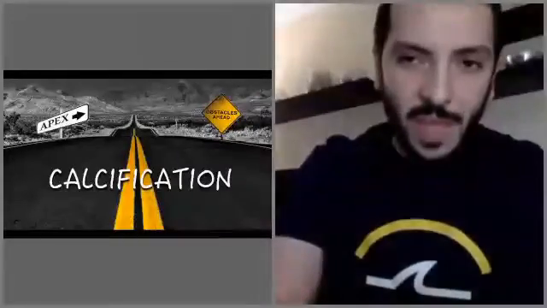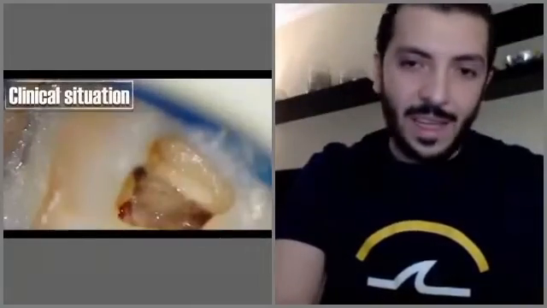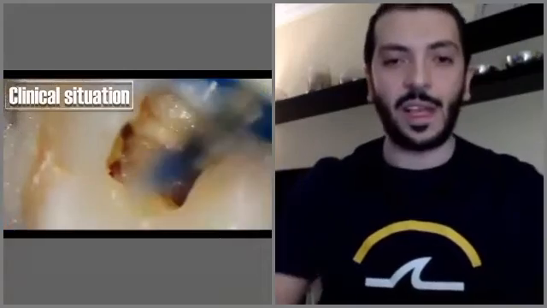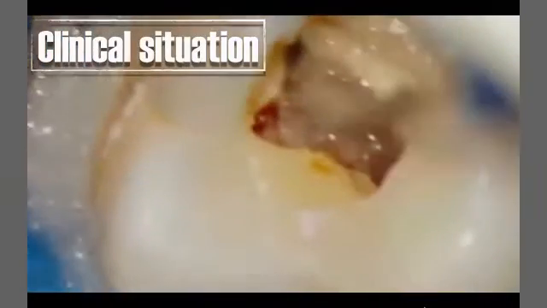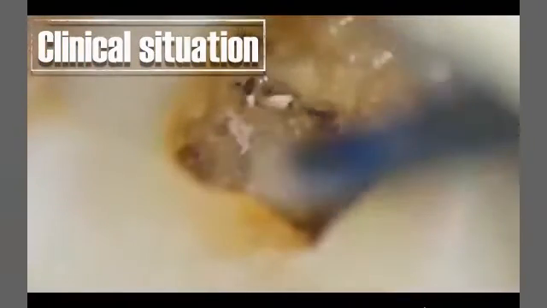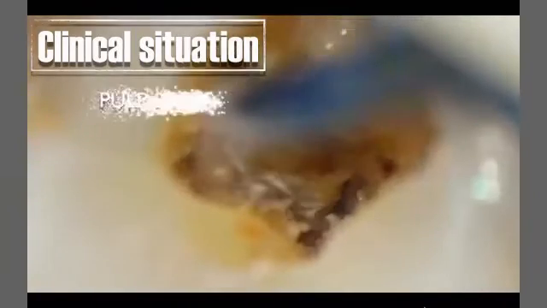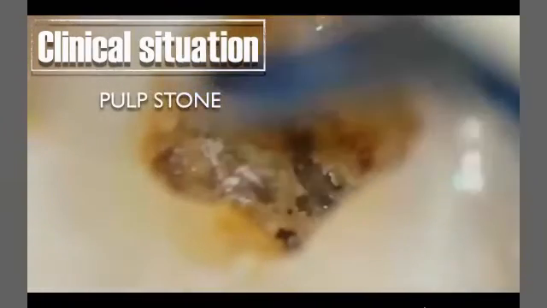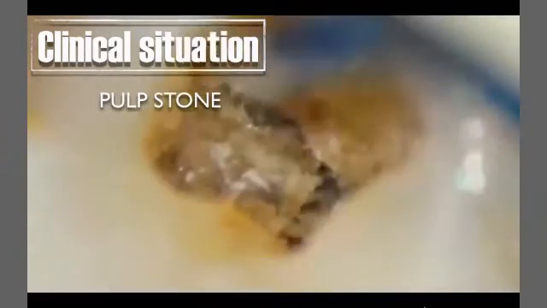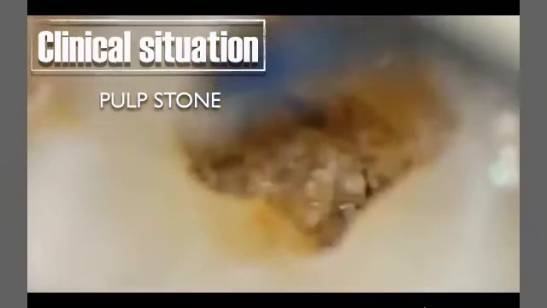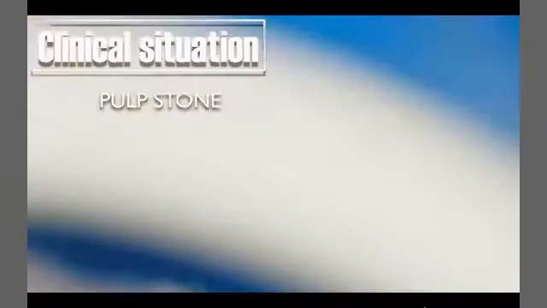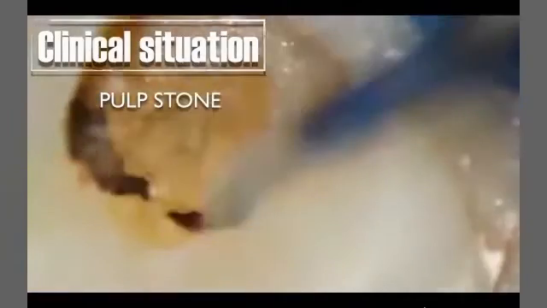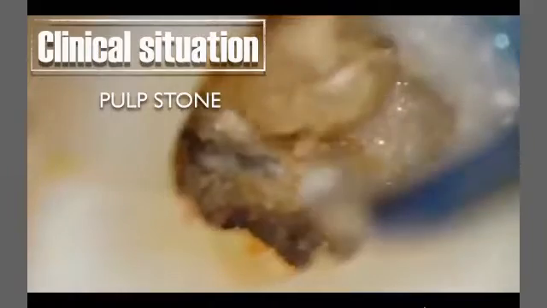Remove these obstacles. Clinically, the situation with calcification may be different. Not all calcifications are the same. Sometimes we have only bulb stones, as you can see, and this is the simplest calcification case. Maybe we can remove the bulb stone with ultrasonic tips under magnification. Loops are more than enough here. Sometimes we have a big bulb stone, so it's a little bit tricky.